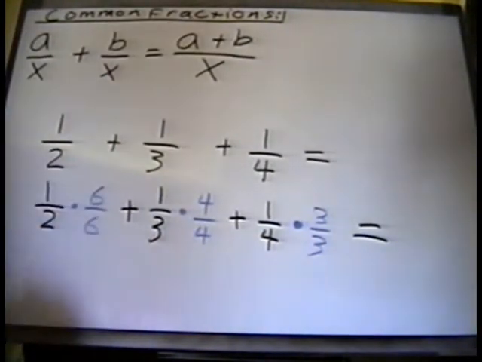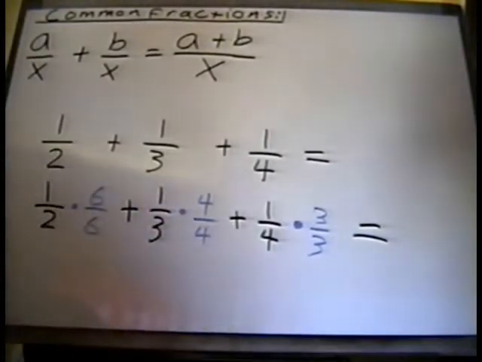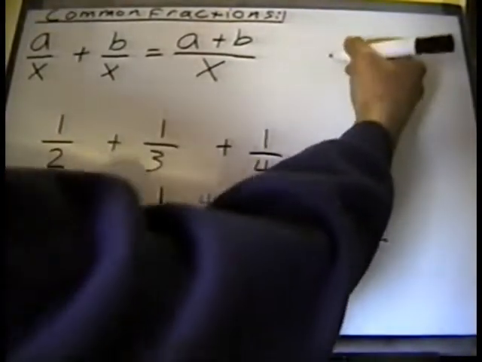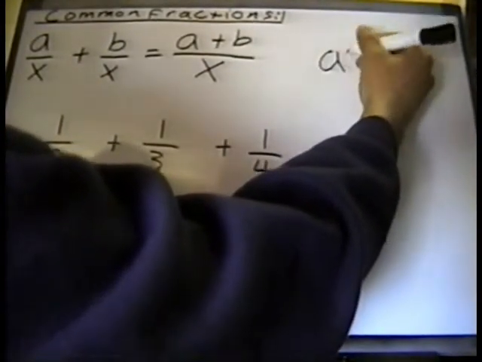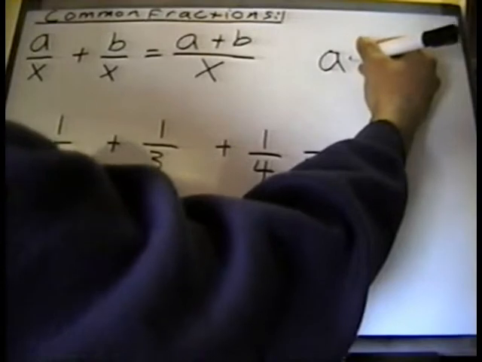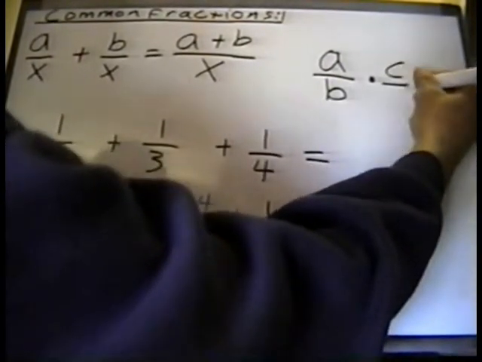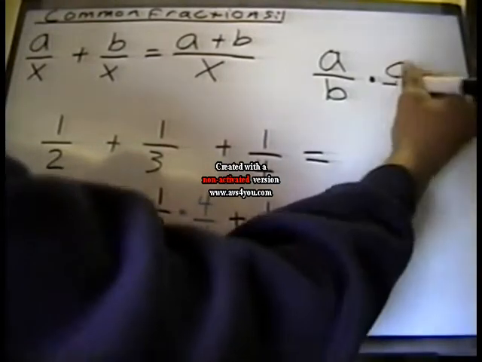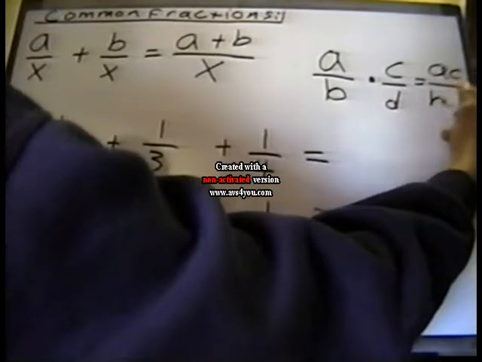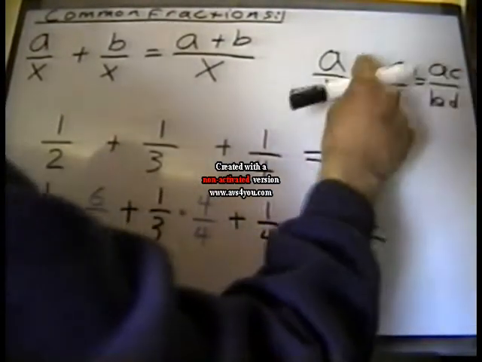Okay, now when we multiply this out, remember when we multiply fractions, multiply the top, all the numerators across, and then all the denominators across. And this is how we multiply.